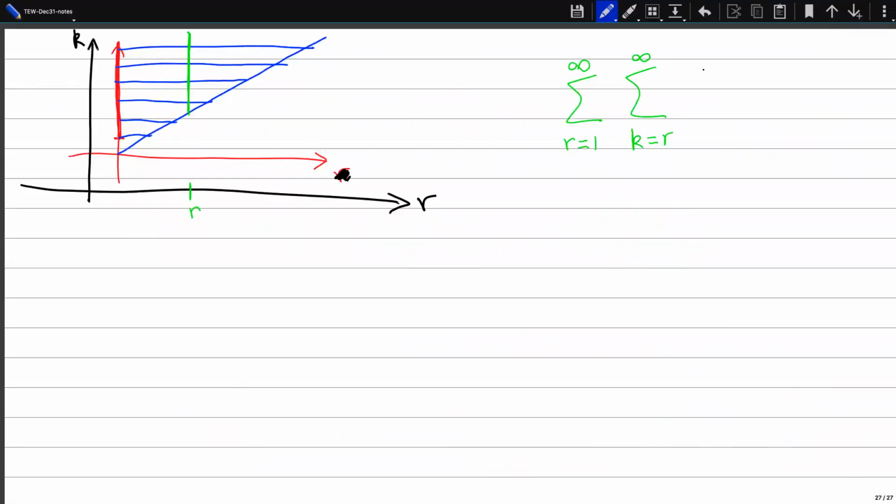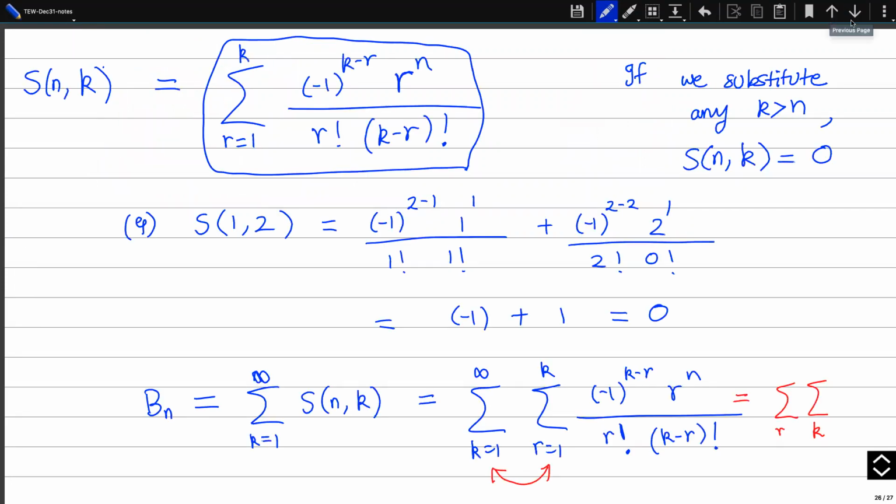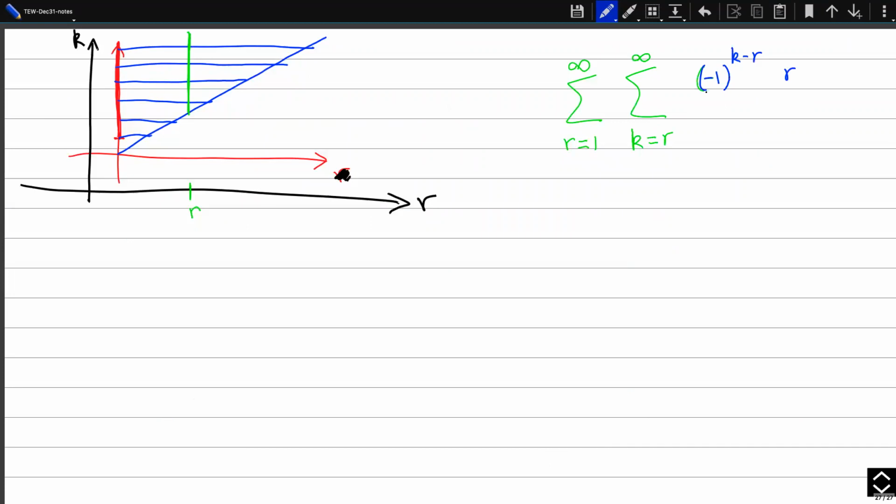Let's write the summation again. This is now (minus 1) power k minus r, r power n, r factorial, k minus r. That's the value of B_n. Now, does this interchange of summation help us in any way? Is the inner sum any easier now?